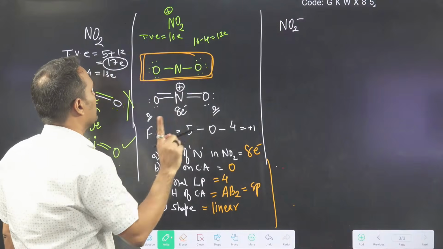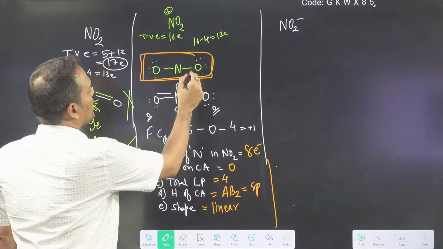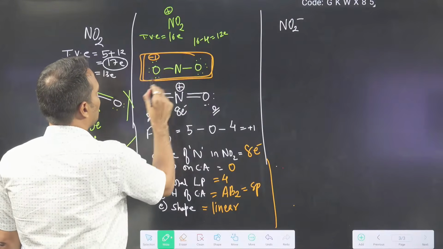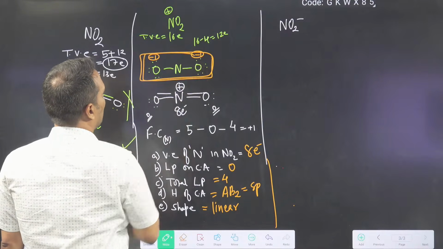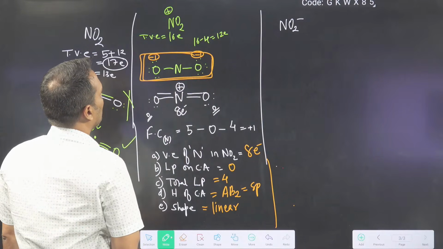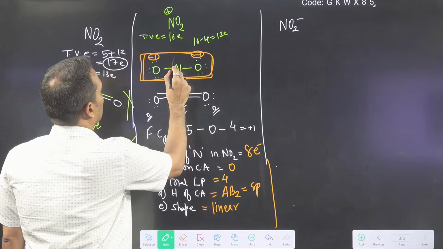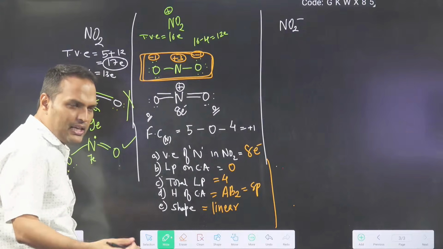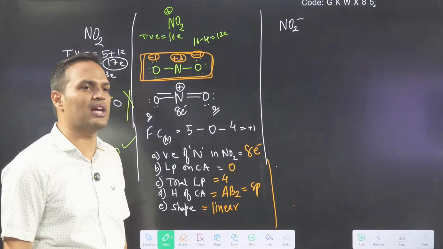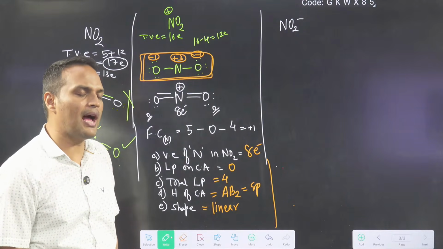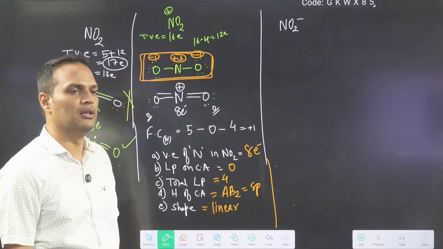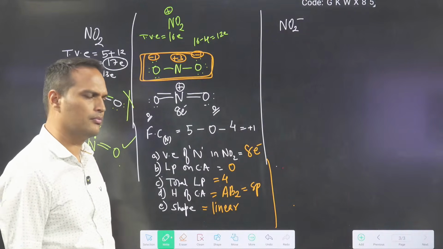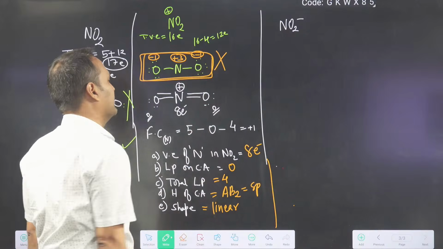Second point, if you check the formal charge now, you will get -1 formal charge here, and then you will get +3 formal charge here. We will tell you after some time that high formal charge is unstable. Formal charge on every atom is unstable. So this diagram is rejected.